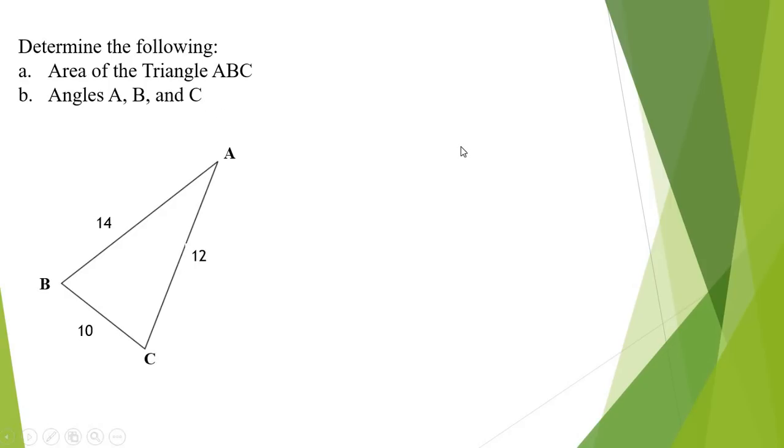So, given the 3 sides, we can use Heron's formula. Our formula for letter A, the Heron's formula, the area is equal to the square root of S times S minus A times S minus B times S minus C. Okay, the square root of this value here.